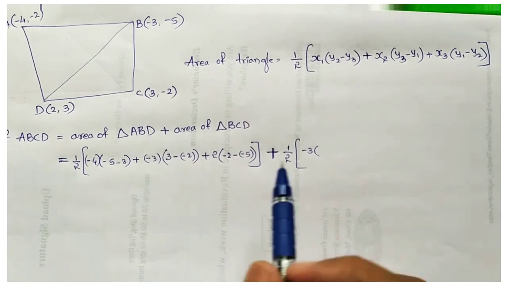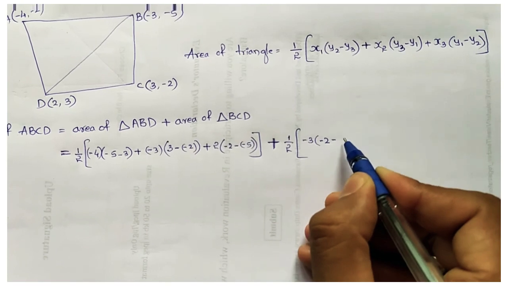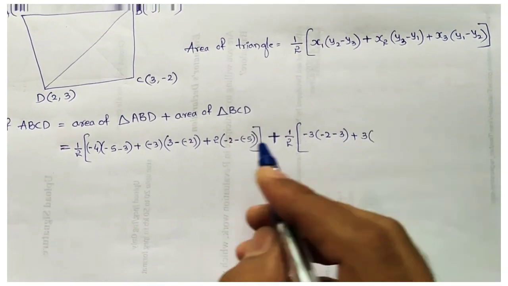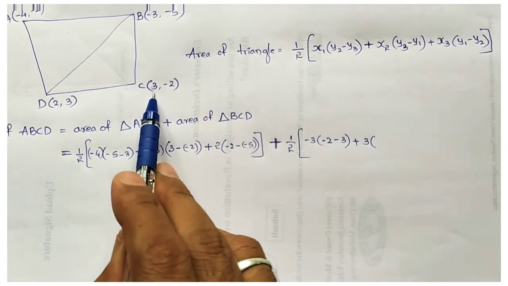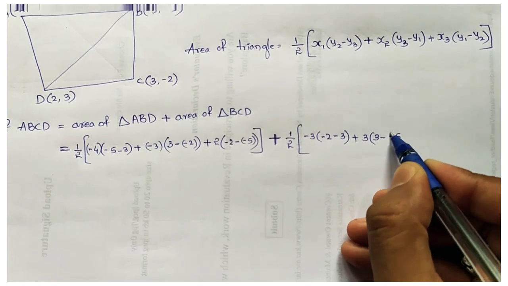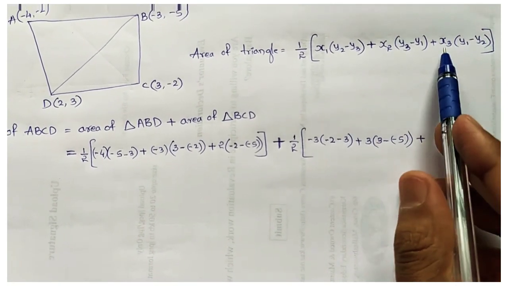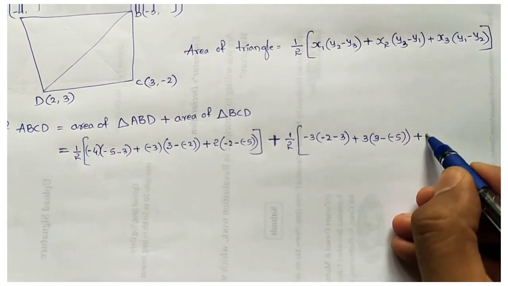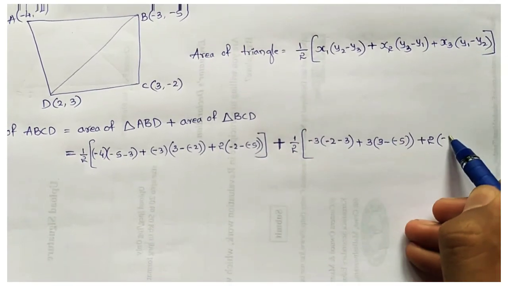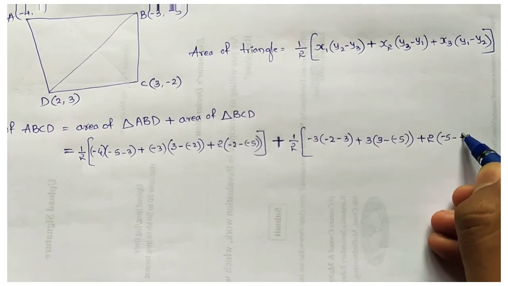Okay, y2 will be -2 minus 3, plus x2 will be 3, and y3 will be 3 minus of -5, y1, plus again x3 will be 2, y1 will be -5 minus y2 will be -2.